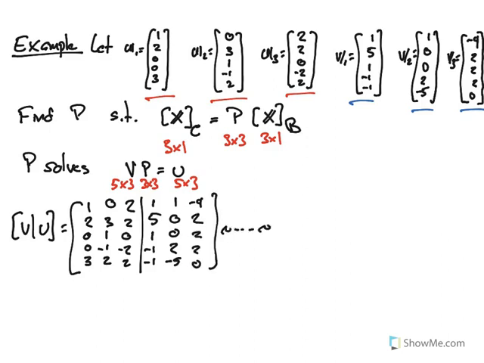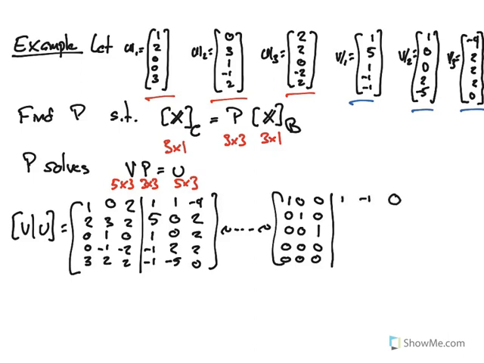Okay, and then you do all these tedious row operations, and at the end of the day you end up with a 3 by 3 identity matrix, then the block of all zeros, and over here we got the following, and then all zeros below the line.